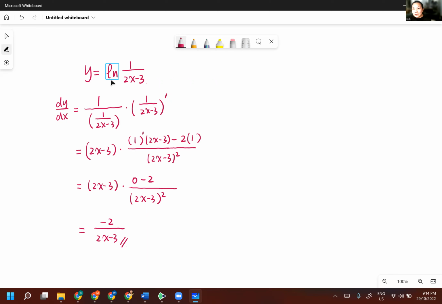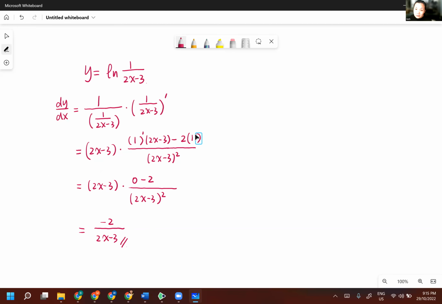Because inside the log is u, and u is a fraction, u is the quotient itself. And that's how you get it. Maybe that's why you're stuck here. The rest are, I think, very short. Sorry, not fast. You can do it very fast.